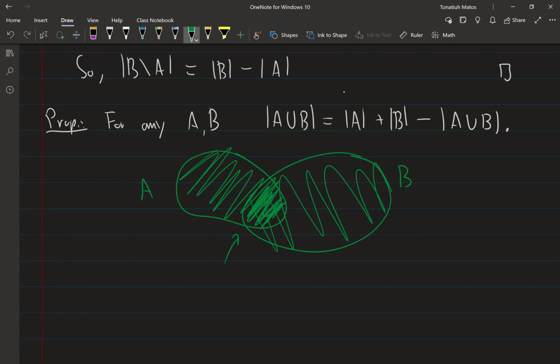So how do I make sure that I am not overcounting? Well, just remove everything. Sorry, there's a typo here. This, of course, should be the intersection, right? You should remove everything. So the intersection gets counted twice.